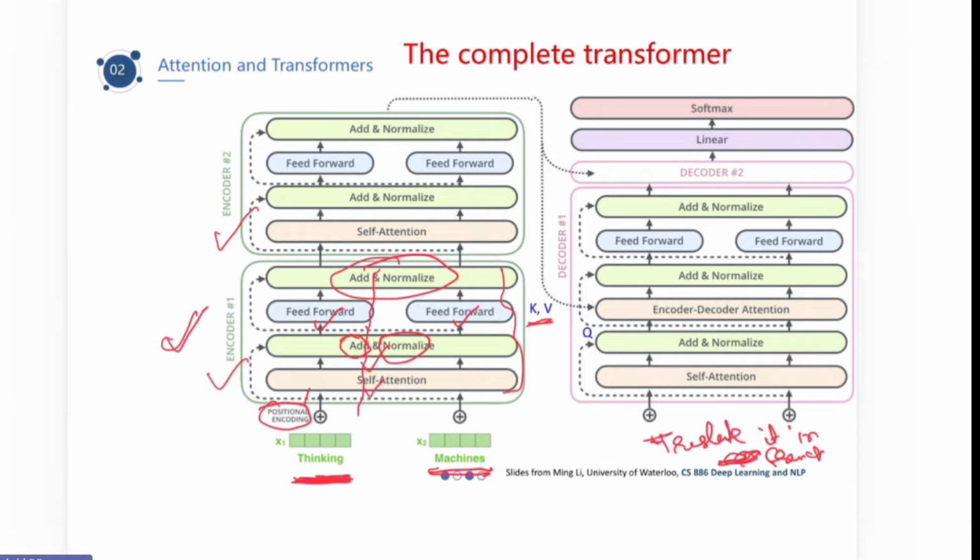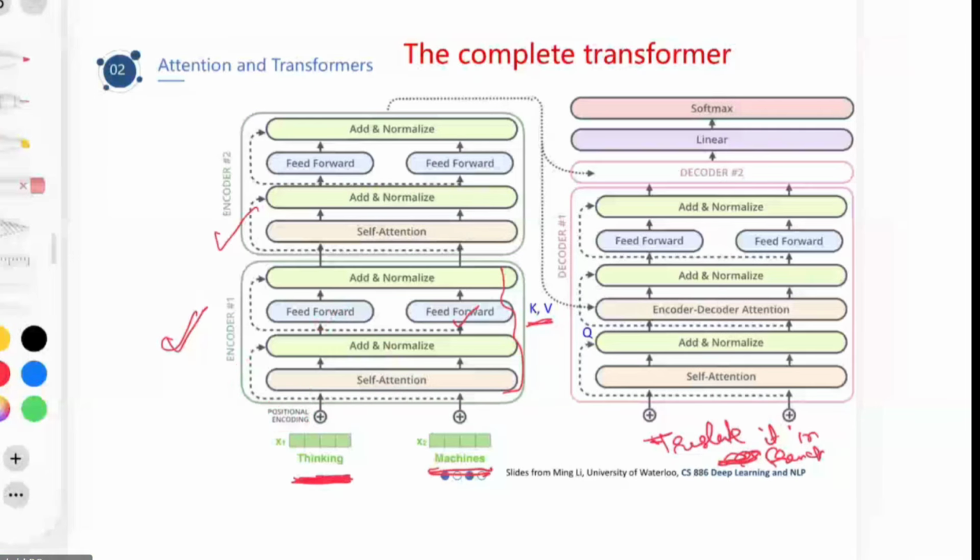It will apply the self attention, all the encoder blocks, and then from this side, key and value would be sent to the decoder side. And from the decoder side, the query will be produced, because the decoder is going to ask. So that's why the query is coming from the decoder. Key and value are coming from the encoder side, and then the decoder will ask the question.